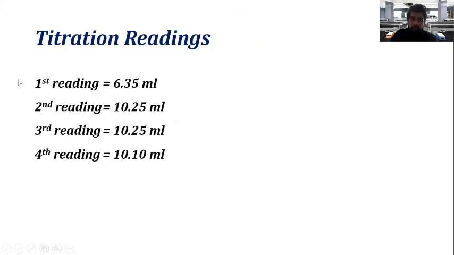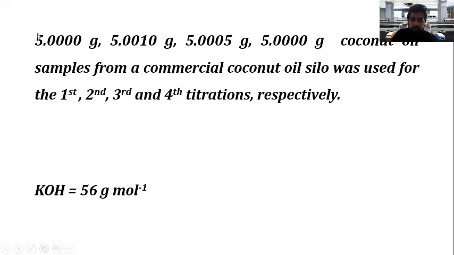Definitely we have to disregard the first reading because it deviates from the others. Okay, you have to disregard the first reading and consider the other three readings. Then you cannot take an average reading here because the sample weights are different. Since we disregard the first reading, we don't consider the first weight.